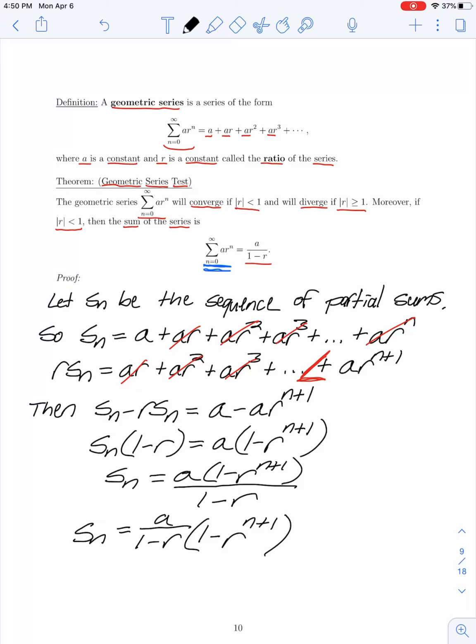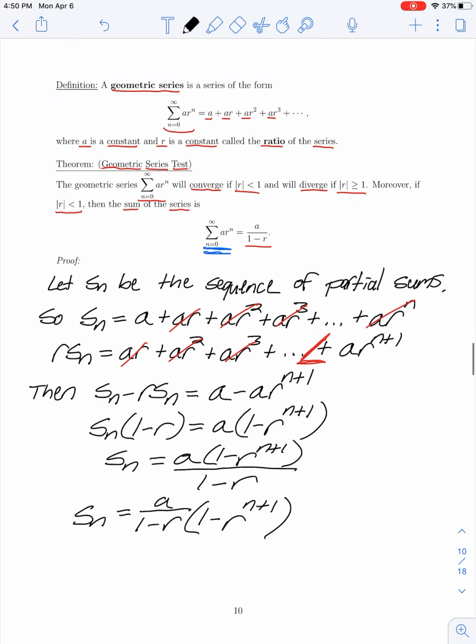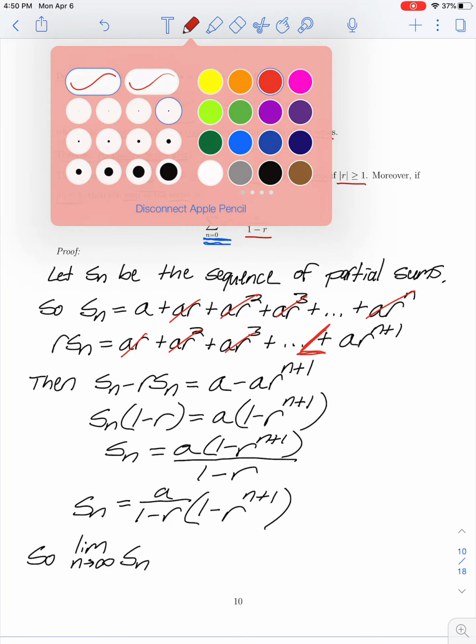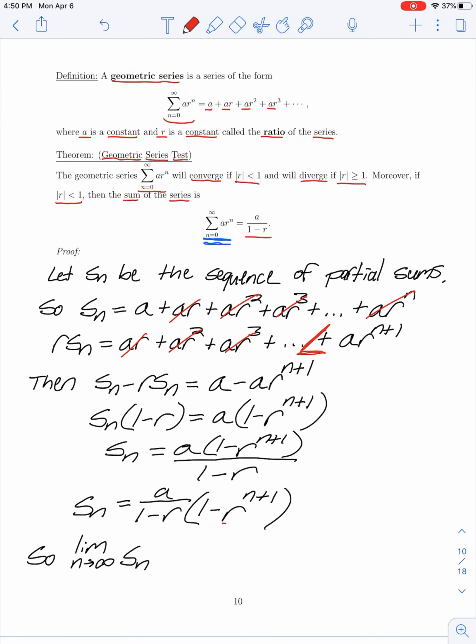So to determine whether our infinite series converges or diverges, we would be looking at the limit of this nth partial sum. So here, taking the limit as n approaches infinity of s sub n, we see the only term that depends on n is this r to the n plus 1 power.